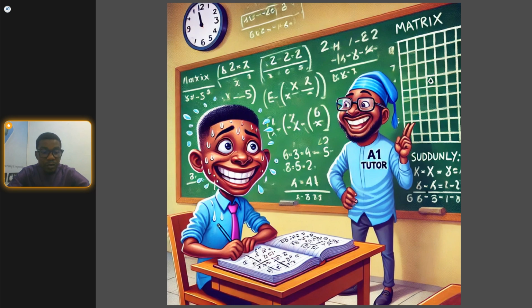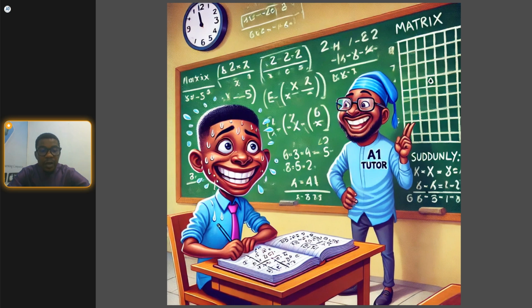We were also able to perform basic operations on matrices: addition of matrices, subtraction of matrices, and multiplication of matrices. So today we are going to be taking another subtopic under matrices and determinants.